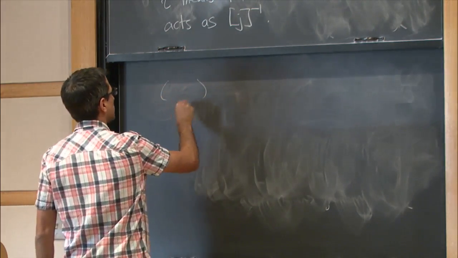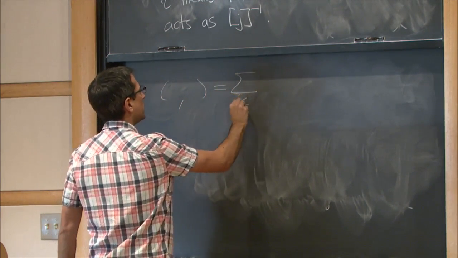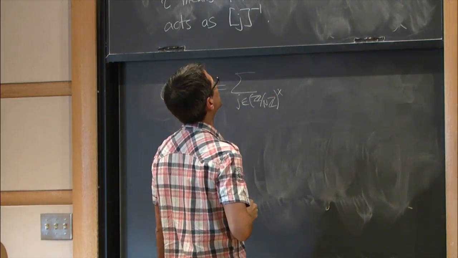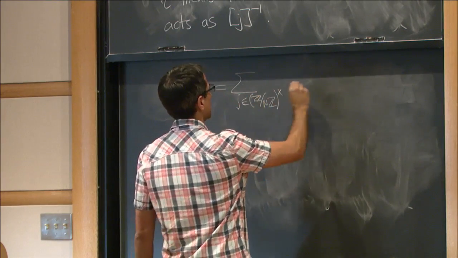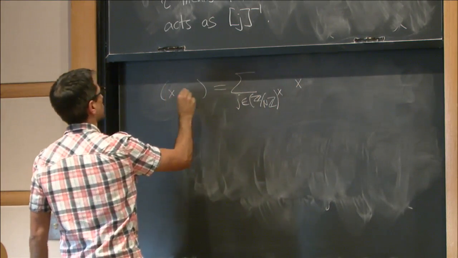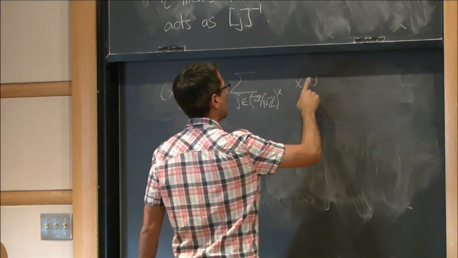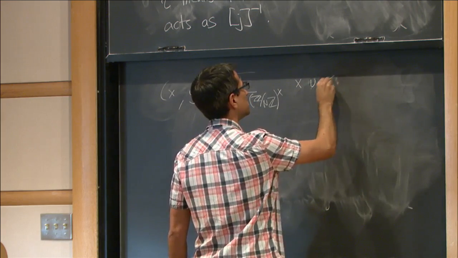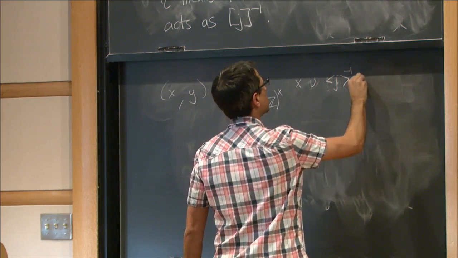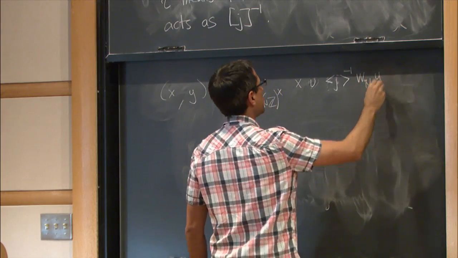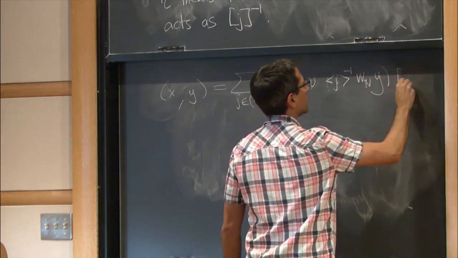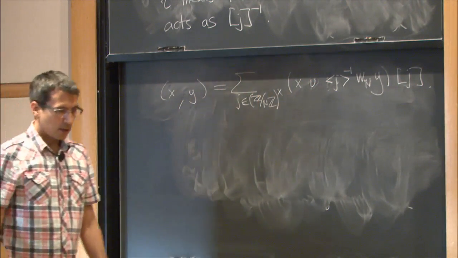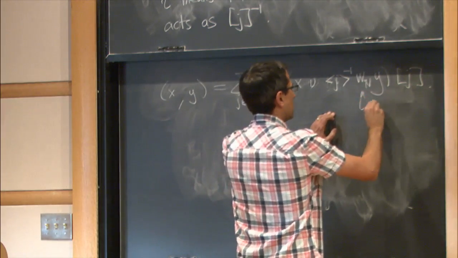So the pairing is something like this: sum over j in (Z/nZ)^x of, and I might get it wrong, x cup w_j or j inverse w and y, and then the group element j, something like this. And this is the Atkin-Lehner involution here.